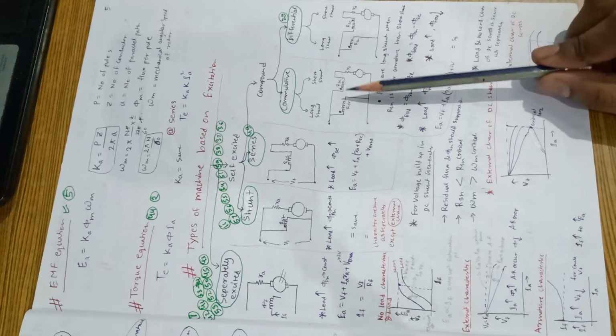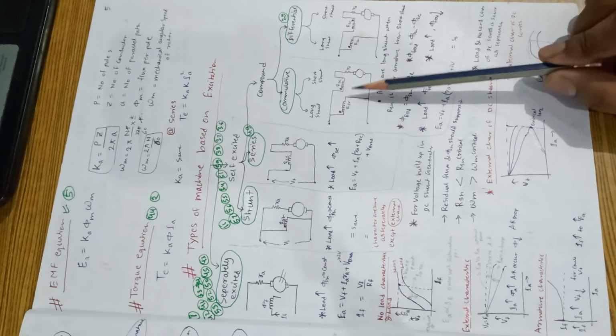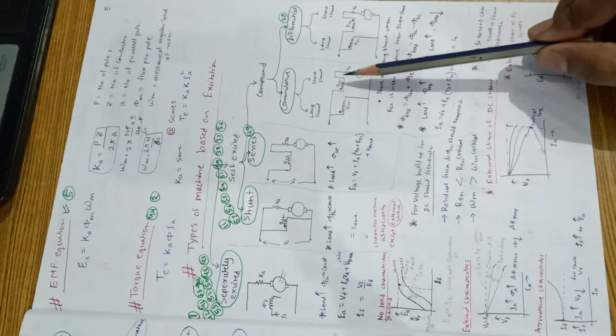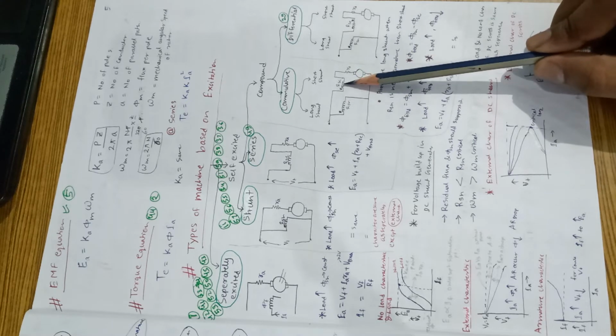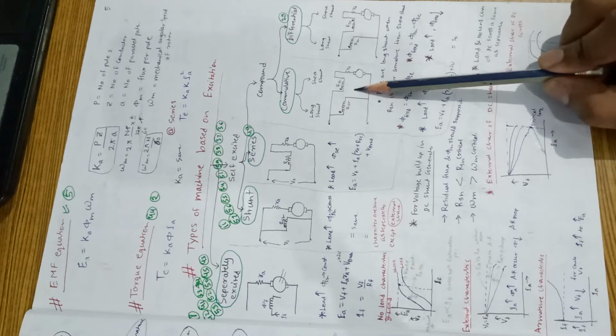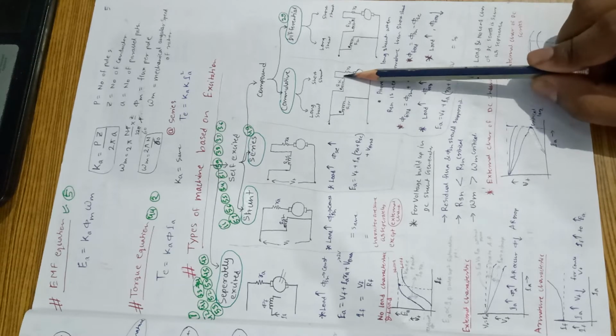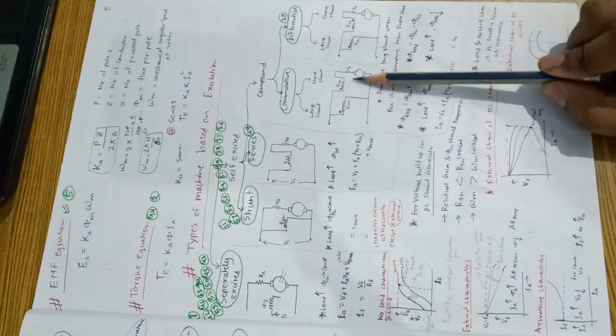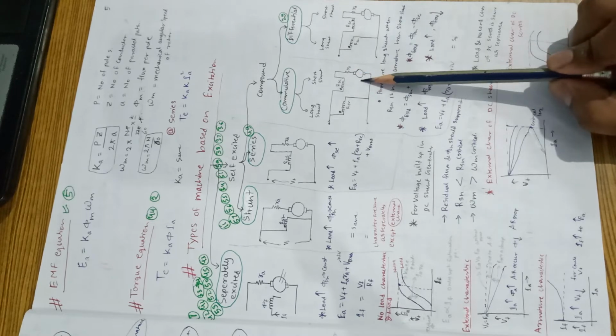Further we have long shunt and short shunt. When the shunt part is connected far from the armature, with the series part in between, it means long shunt. When it is connected near to the armature, then we say it is short shunt.